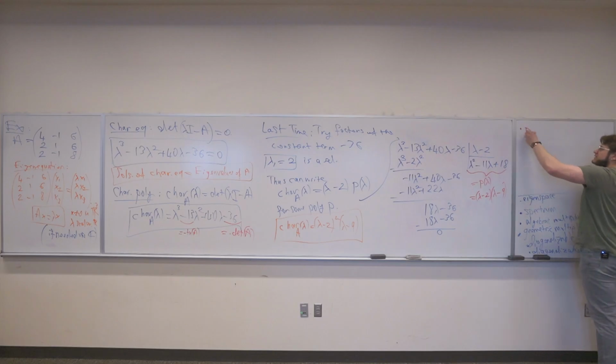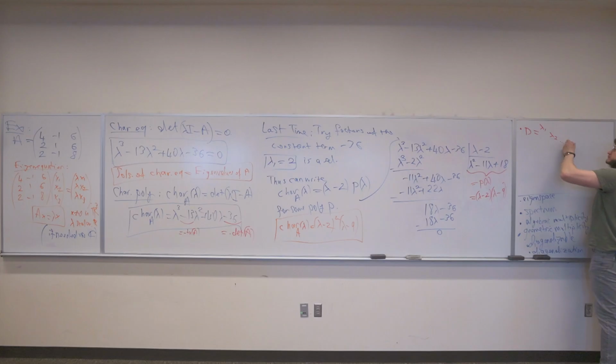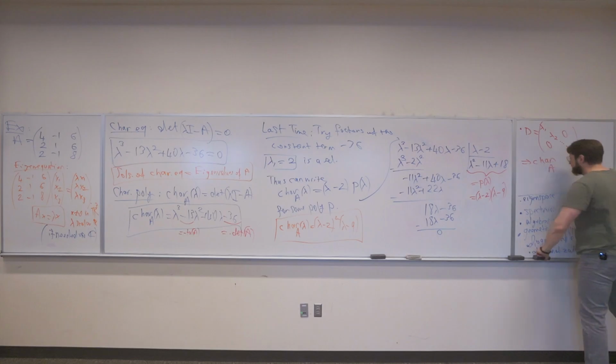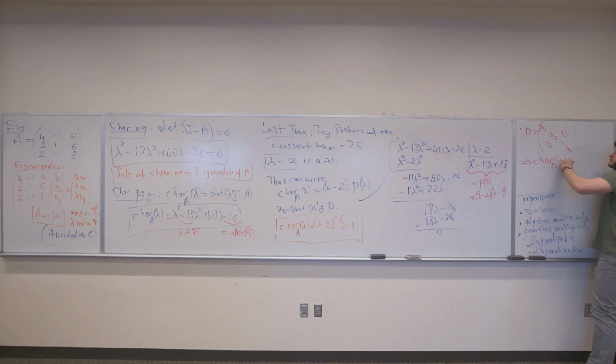If you have a diagonal matrix like this, then the char poly is going to be like this: lambda minus lambda 1 times lambda minus lambda 2 times lambda minus lambda n.